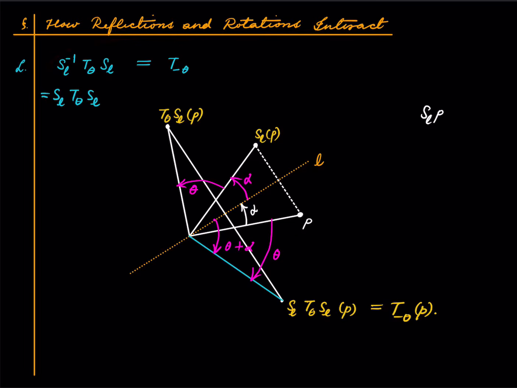This is the same as saying that T_theta S_L equals S_L T_minus theta. So it's sort of like reflections and rotations commute, but not exactly, because there is this minus theta here. If there were theta here, then I would have said that they commute, but they don't, because just look at the details.